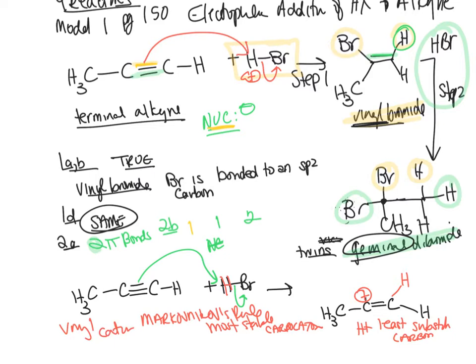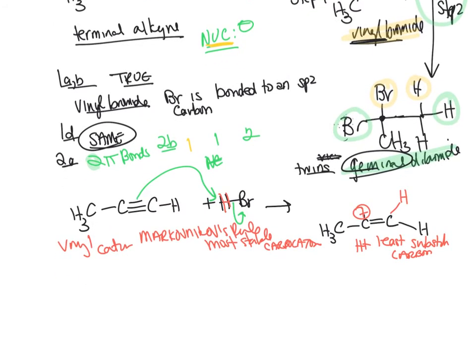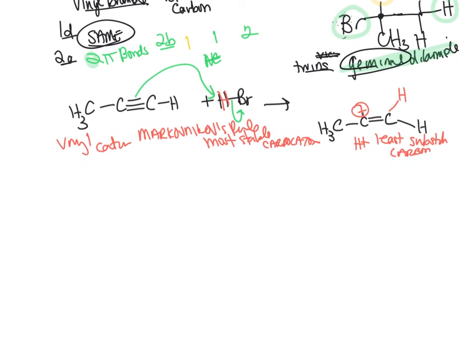Okay, looking at the questions for 3. Consider the addition of HBr to the alkyne as shown in Model 1. Draw 2 possible vinyl cations using curved arrows to show the formation after the addition of HBr. Okay, so there's one.